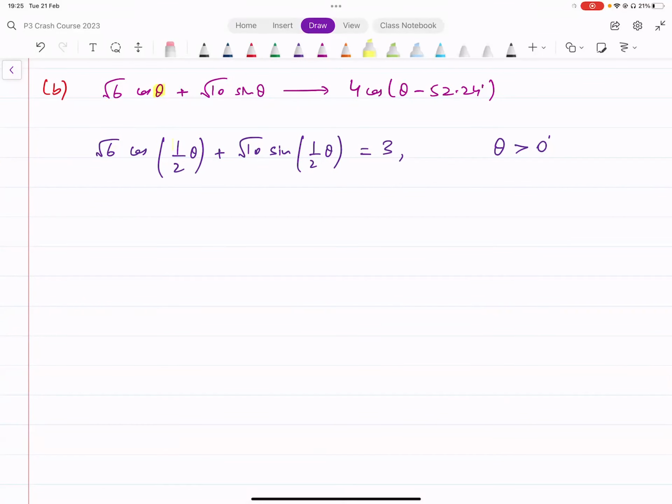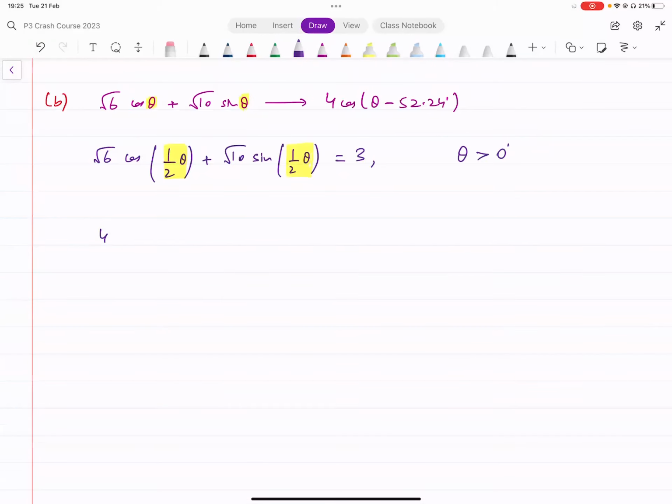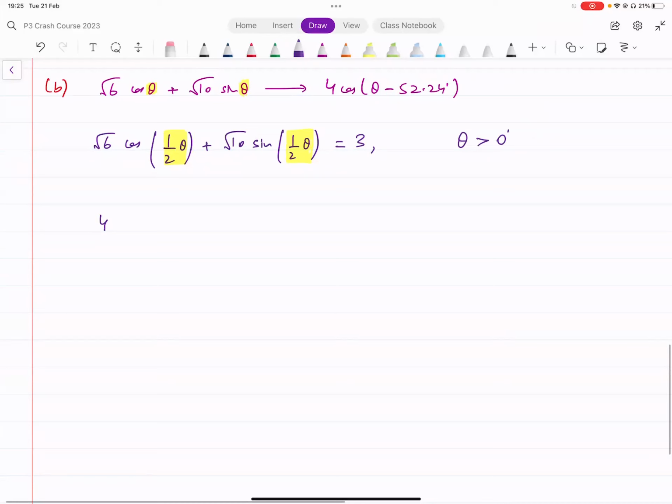Instead of theta here, we have half theta. So on the right side as well, when we convert it to that form, instead of using theta, we put half theta. So this could be written as 4 into cos of half theta minus 52.24 degrees. And on the other side, you have 3. So now you have this equation. This is the equation that you need to solve.